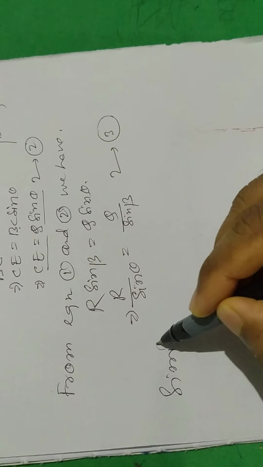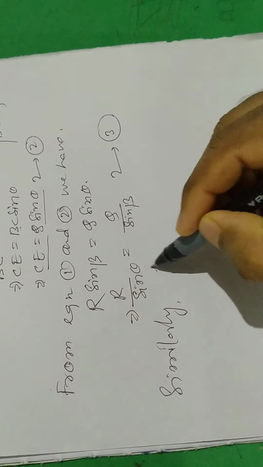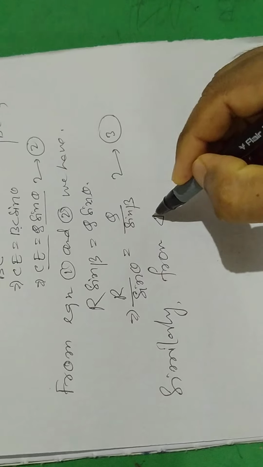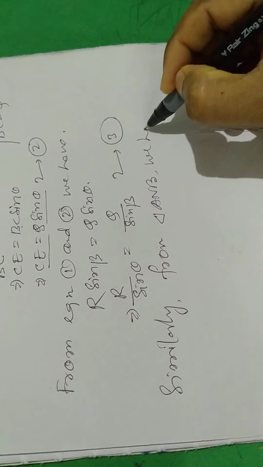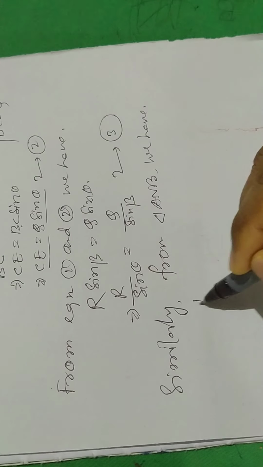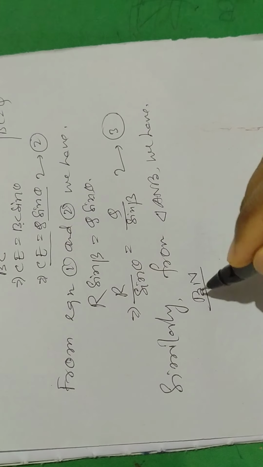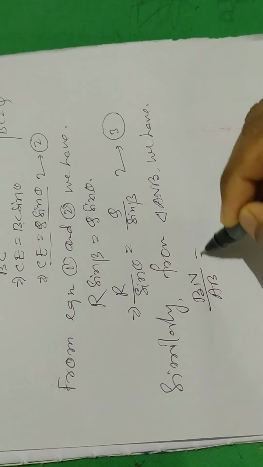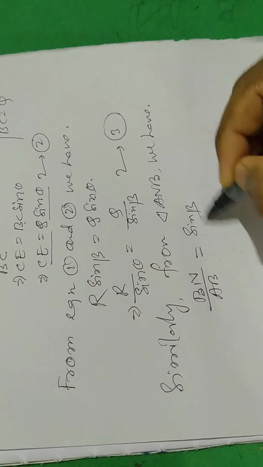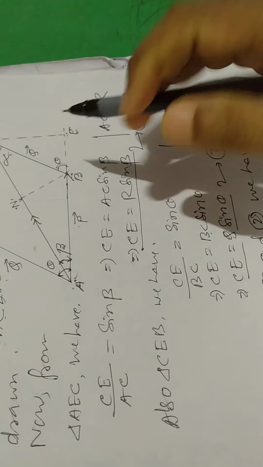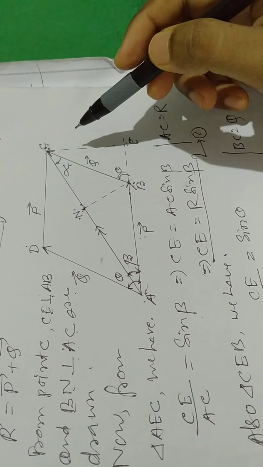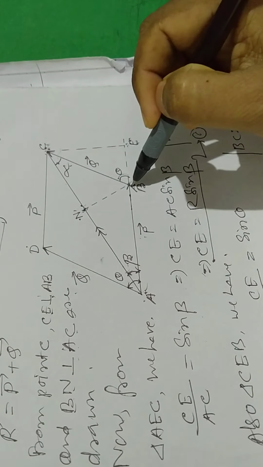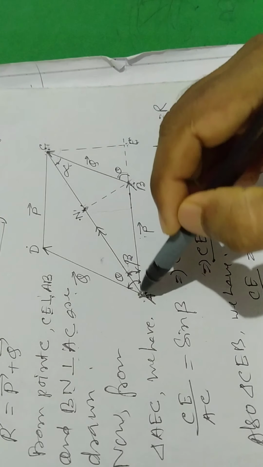Similarly, from triangle ABN, we have BN by AB equals sine of beta. You see the diagram.